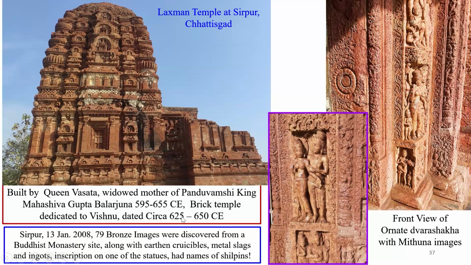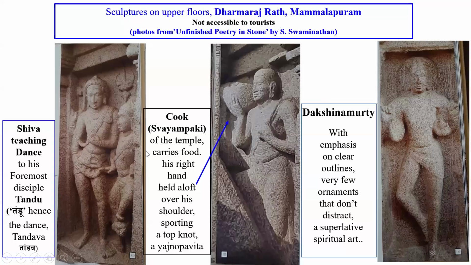That means 7th century. So many things were going on. And more importantly, there were Vaishnava temples, Buddhist monasteries, and Jain temples, and there was no animosity, no polarization. And this I'm giving as another example, a similar chronology.